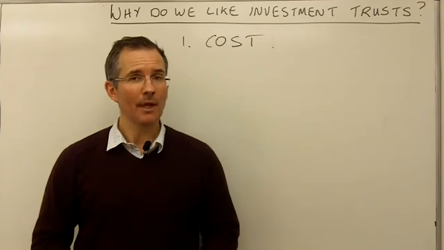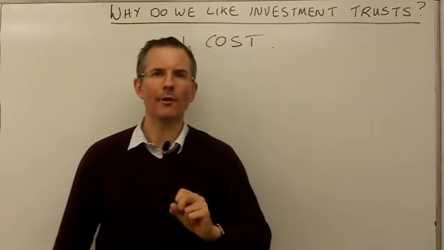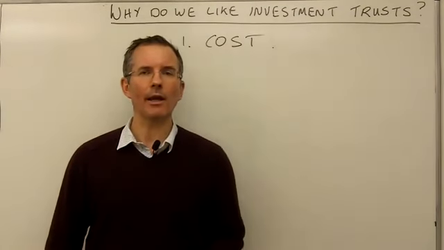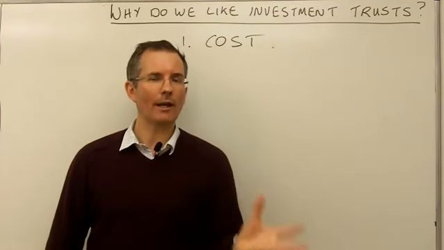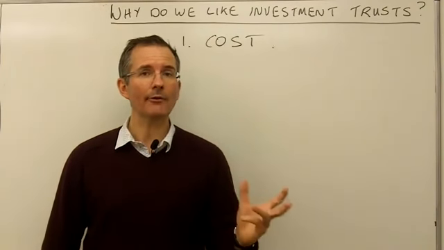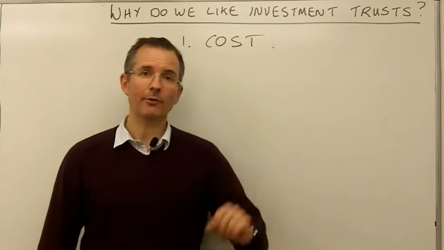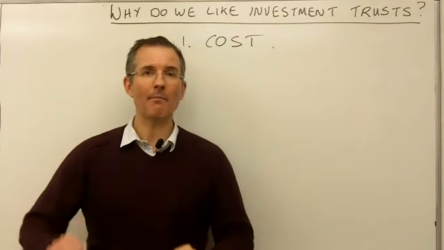So, although investment trust companies are often seen as the kind of inferior twin, if you like, they're not often as widely marketed because they're subject to restrictions imposed on companies. Nonetheless, charges tend to be lower. The charging structures are different, which can make it a little bit more difficult to make the comparison.